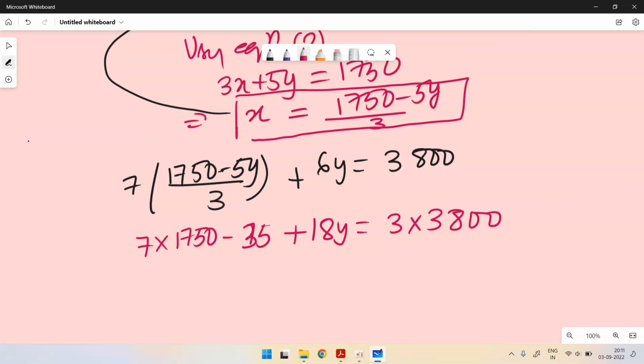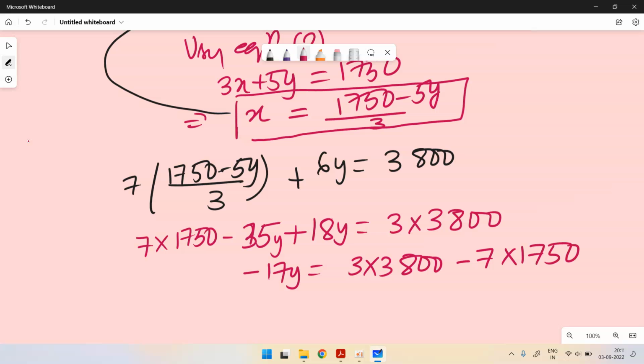Now solving this, this is minus 17y, and if you take 3 into 3800 minus 7 into 1750, this is 11400 minus 12250, and this is minus 17y.